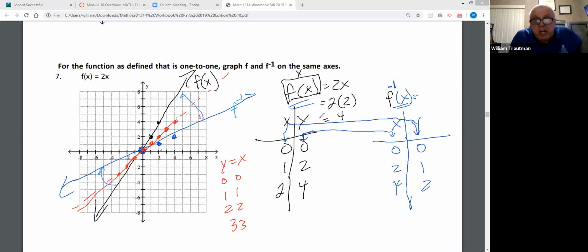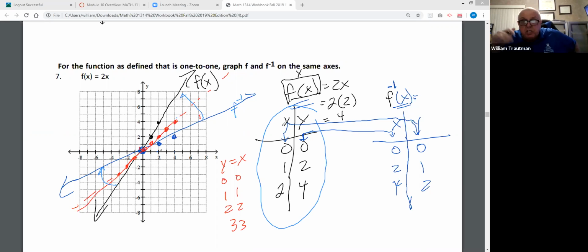So you can graph them by just putting three or four coordinates for the function, and switching the x's with the y's for the inverse, and then you'll be able to graph its inverse. So all you really have to do is one function t-table, and then you have two functions, one function and its inverse, and you can graph both of them. And if you look at it compared to y equals x, they will mirror image each other.